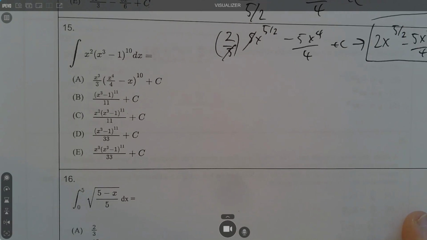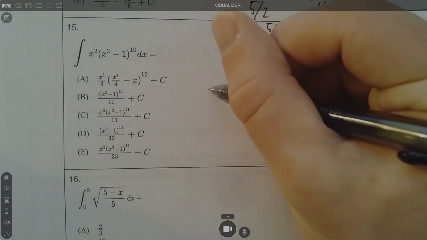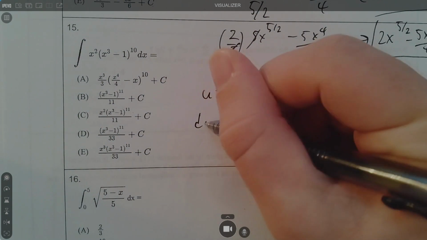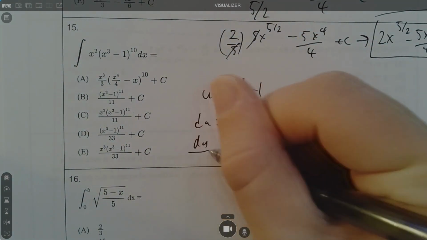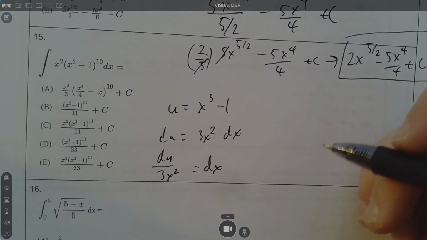Okay. Another u sub. Just in case you didn't get it in all the other ones, one more. U is x to the third minus 1. Du is 3x squared dx. Du over 3x squared equals dx. Plug it in.